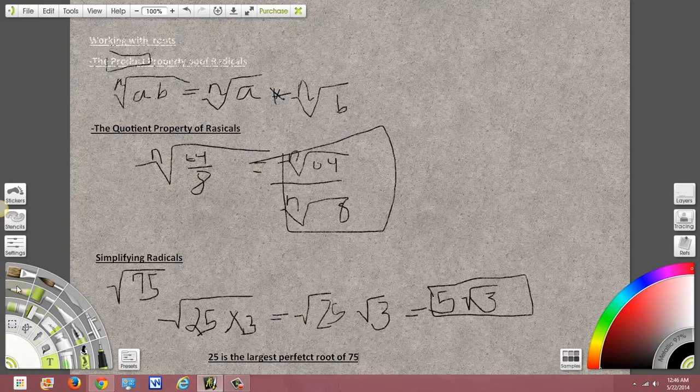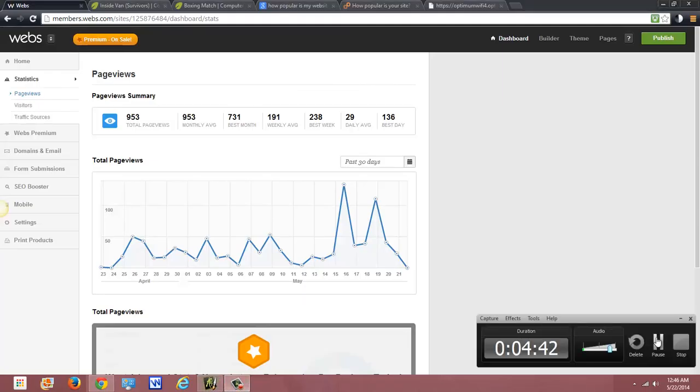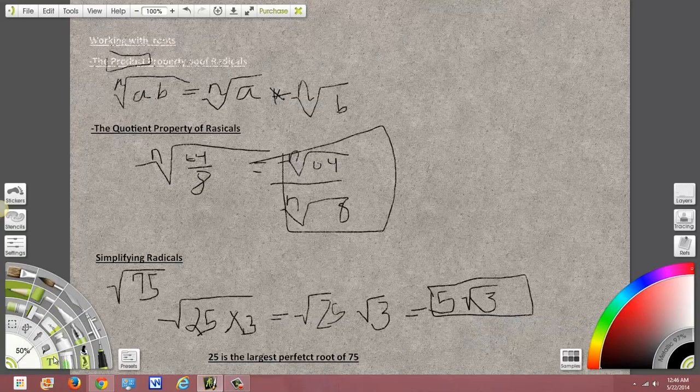If you have a cube root, say the cube root of 54, well, 27 times 2 is 54. So take the cube root of both of these.